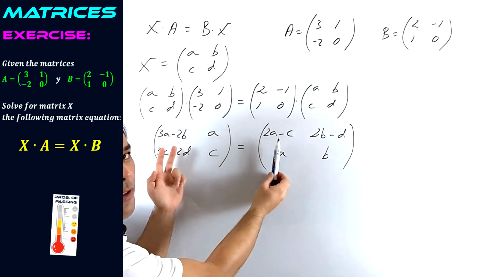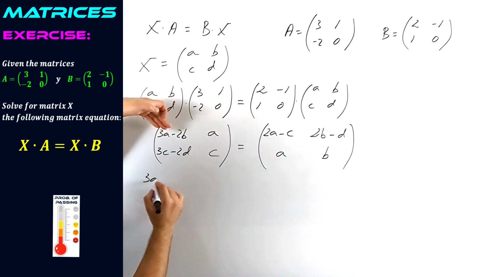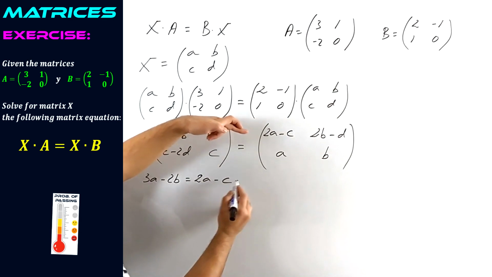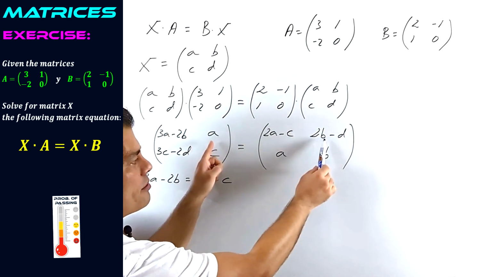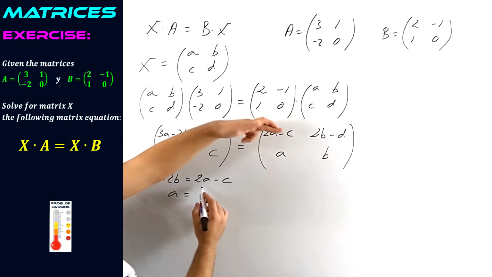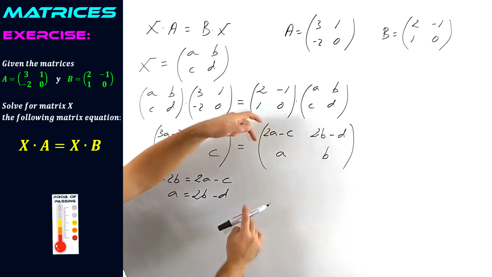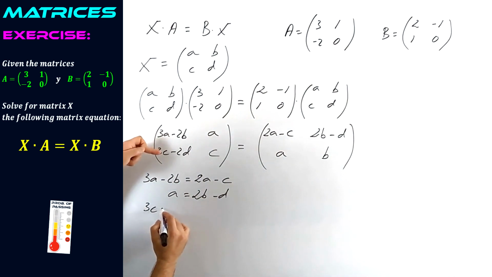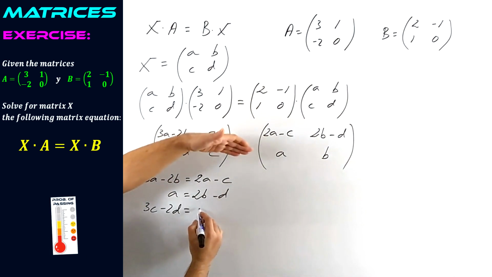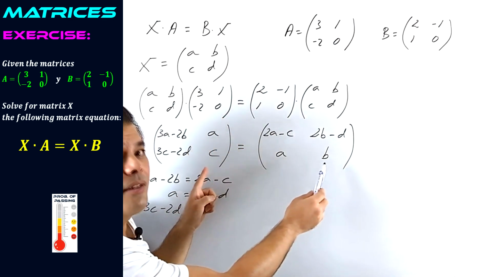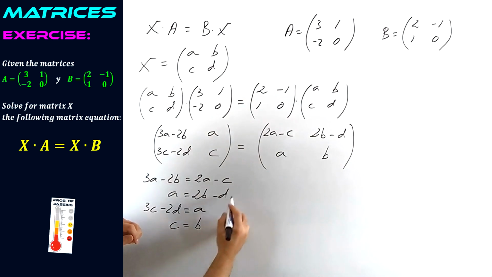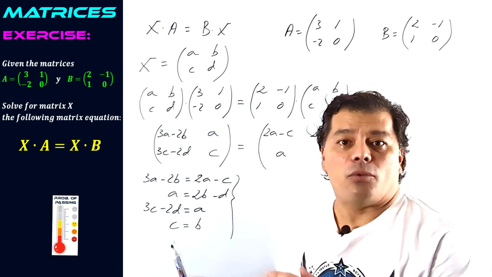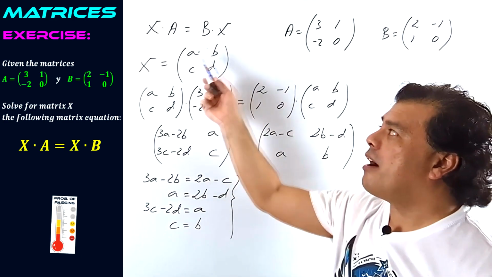Position 1, 1 on both sides: 3A minus 2B must be equal to 2A minus C. Now, position 1, 2: A must be equal to 2B minus D. Now, position 2, 1: 3C minus 2D must be equal to A. And finally, C equals B. Now we have a four unknowns system, and we are going to solve it. This will be the solution of our equation.